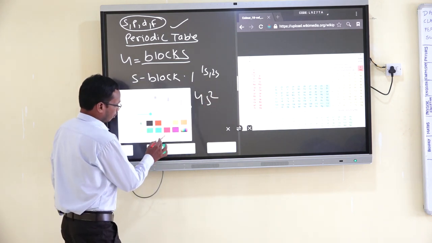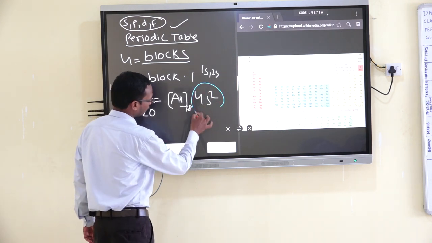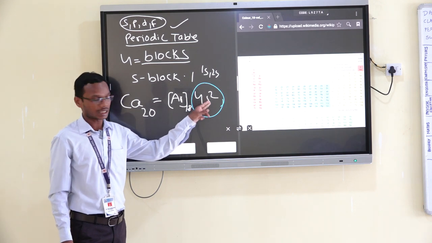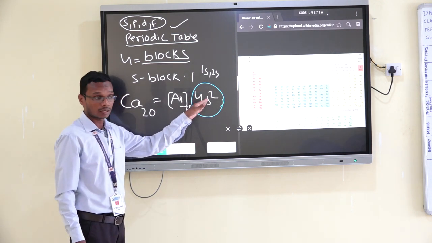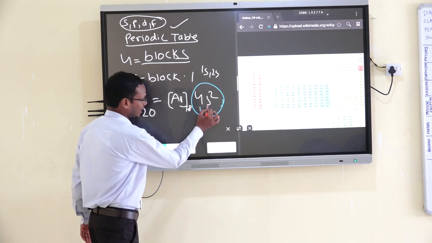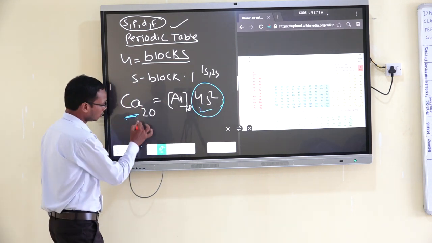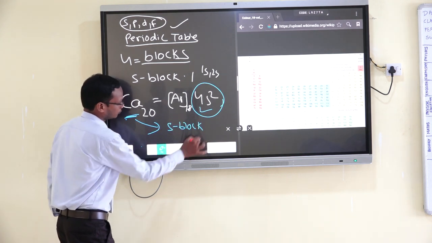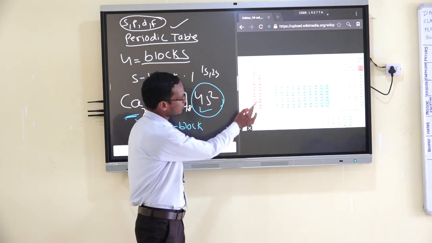Now, what is the outermost subshell? S, that is 4s. The outermost subshell, or orbital, is S. That means calcium belongs to which block? S block. Calcium is in S block.